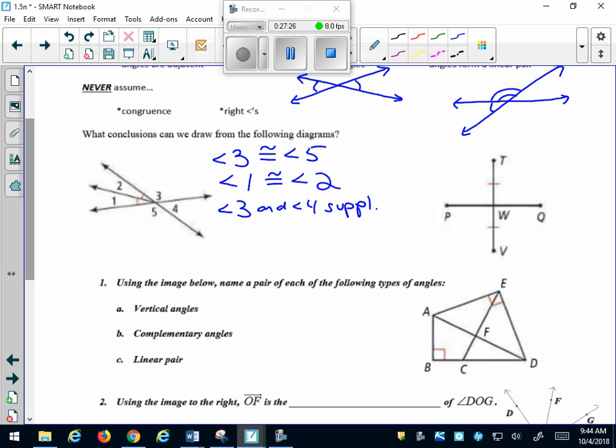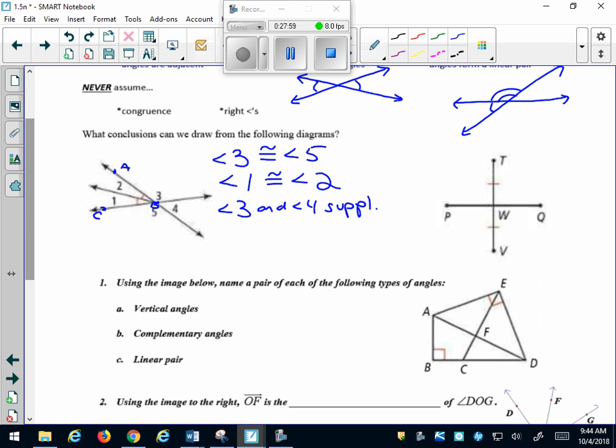Yes, it would. Hard to put that into a statement unless we had letters here, right? If this was ABC, we could say angle ABC is congruent to angle 4. It would be hard to write a congruent statement for that without the letters. If you were going to write in equals, we could do measure of angle 1 plus measure of angle 2 equals measure of angle 4, right?